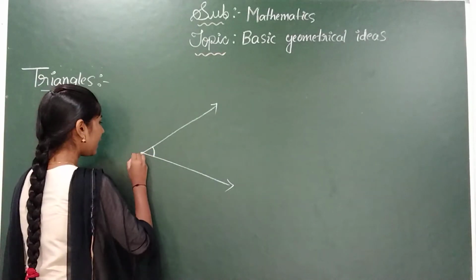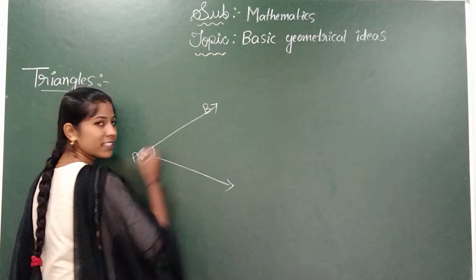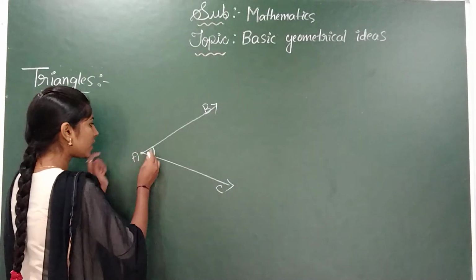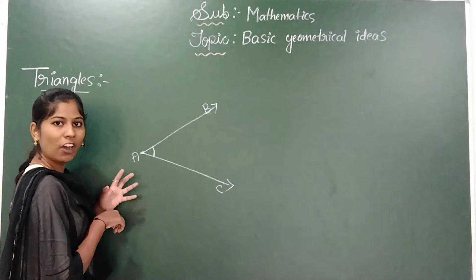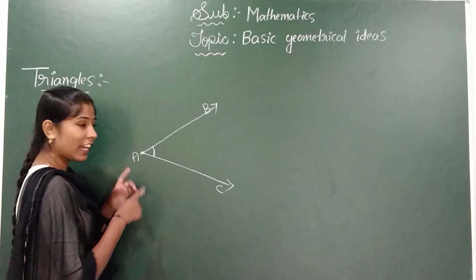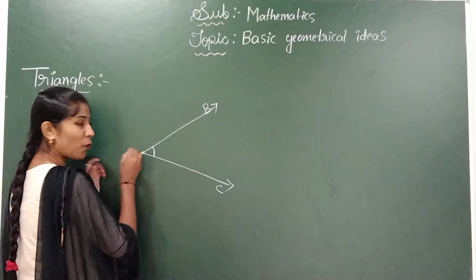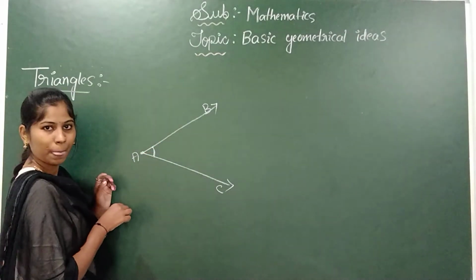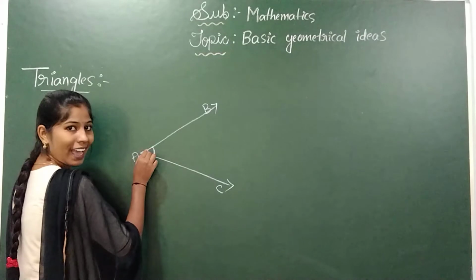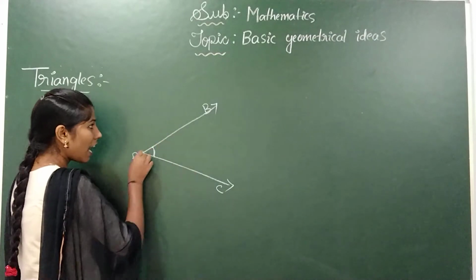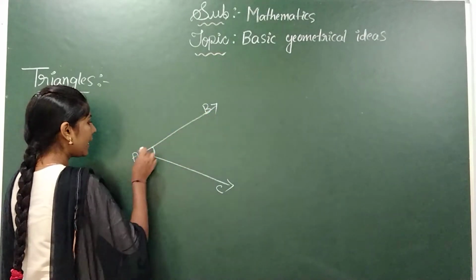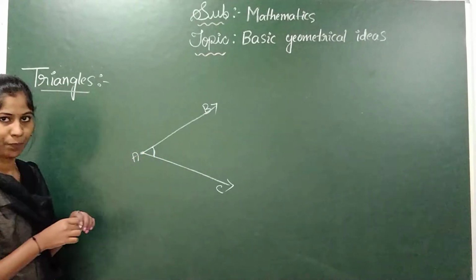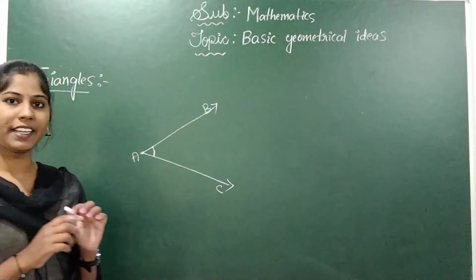The ray AB and the ray AC, those 2 rays make the angle here, and those 2 meet at this point and form the angle in the corner. So this is called angle A, or angle BAC. This is called an angle.